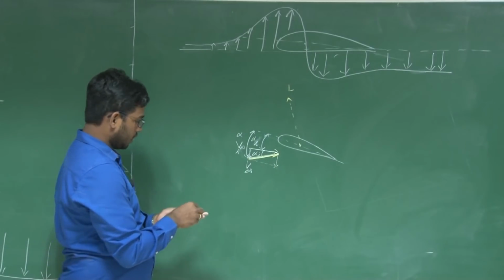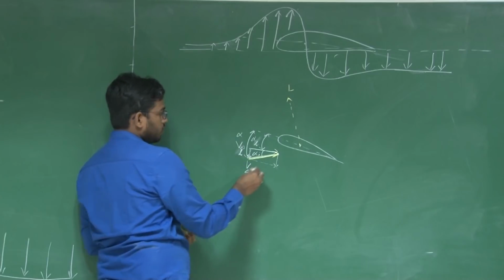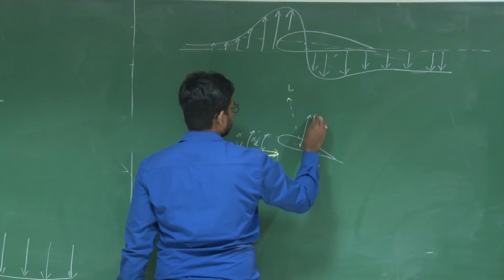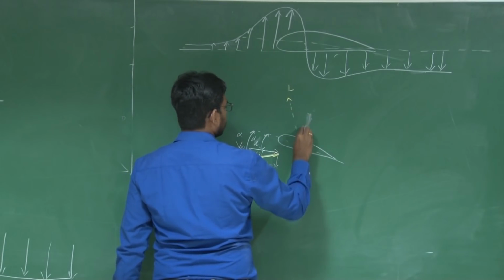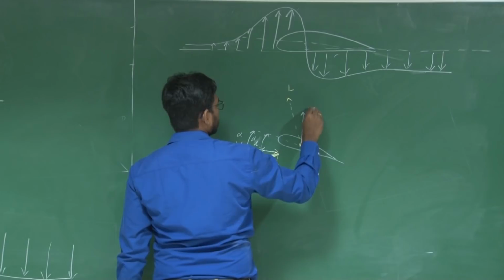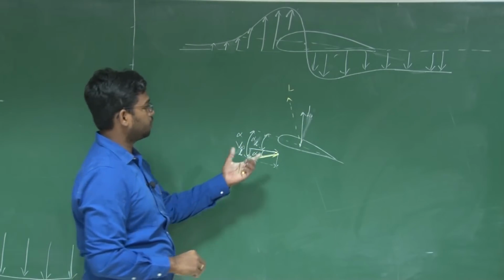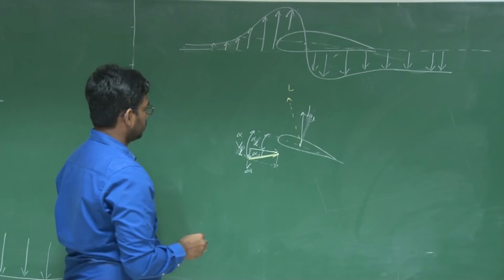So the local lift will be perpendicular to V infinity local. So this will be the component. Say this is the local velocity and the corresponding local lift at that particular location, right?